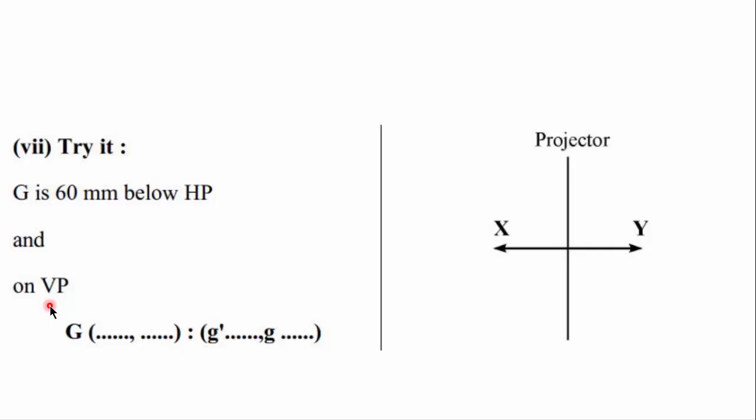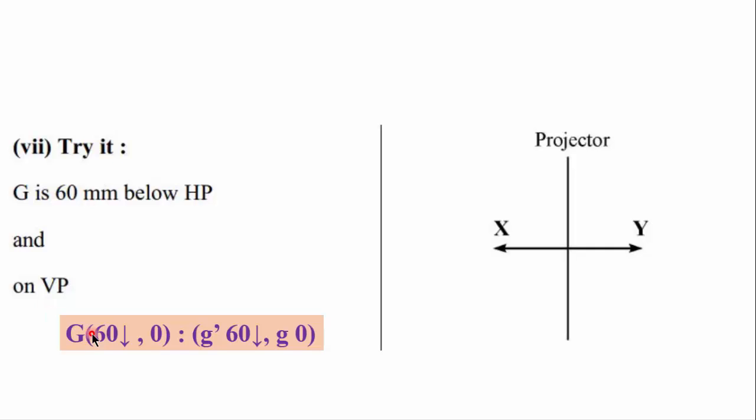Obviously 0, and hence look here, 60 mm below HP and 0. Hence elevation is also 60 mm below XY line, while plan is 0 mm from XY line, that is nothing but on XY line. And here G dash 60 mm below, G on XY line.